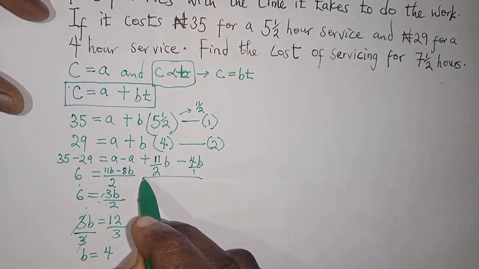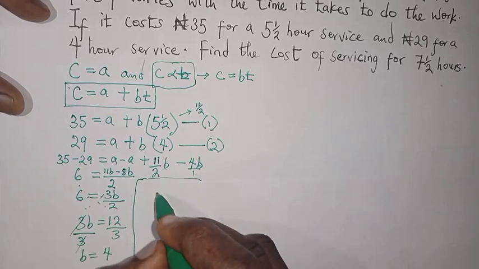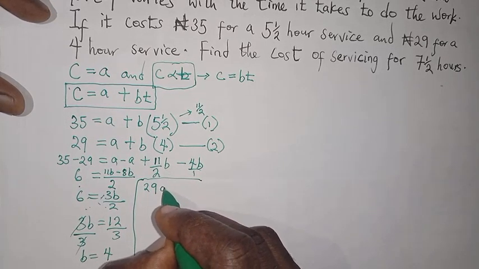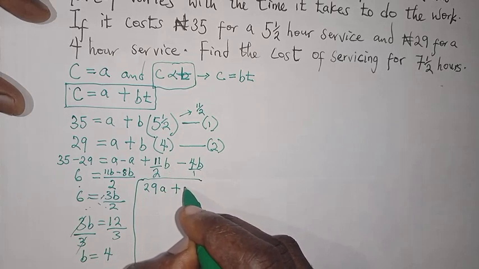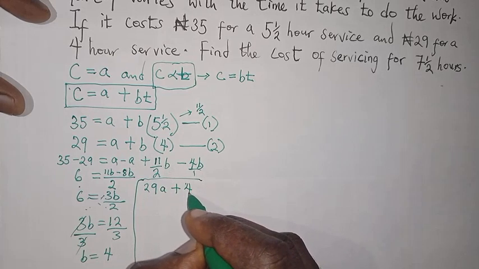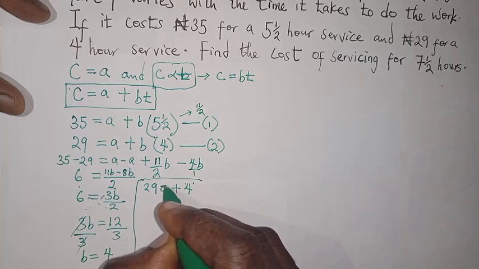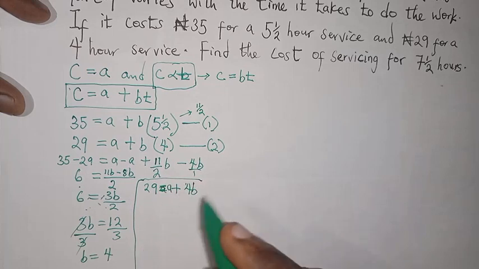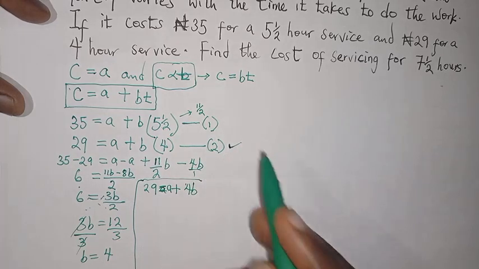Now remember, equation 2 says 29 equals A plus 4B. That's what equation 2 tells us.